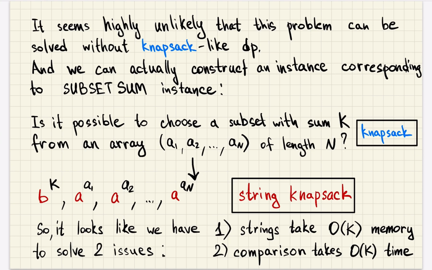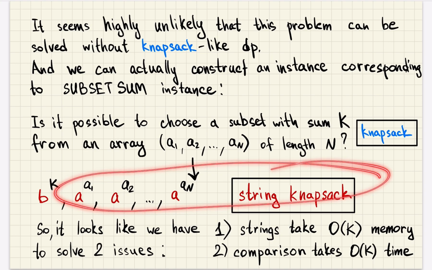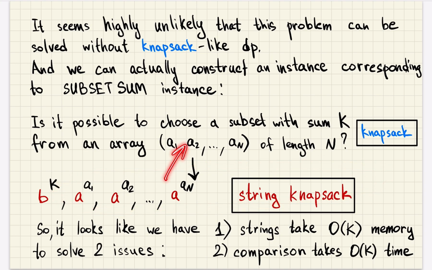And we will add a string of k letters B in the beginning, so that if there is no solution, we would have to take this string, and so the result will be just a string of k letters B. So from the answer to our problem, we can understand what was the solution to the subset sum instance.